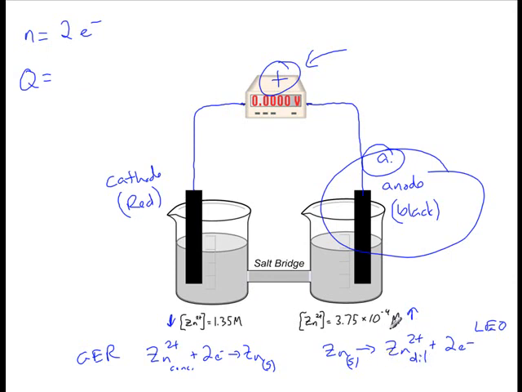Let me do the overall reaction up here. The concentrated side is the reactant, and then the dilute side is going to represent the product. And that establishes what the Q looks like for this example.